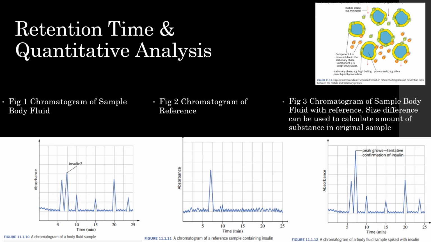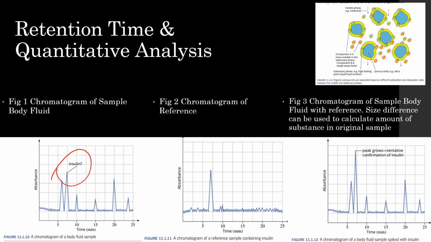We can also use retention time and qualitative analysis in chromatograms to test for spiking of blood or drinks or whatever. So if we have a look here, we've got a body fluid, and it's been suggested that we've been spiked with insulin. So let's have a look here.